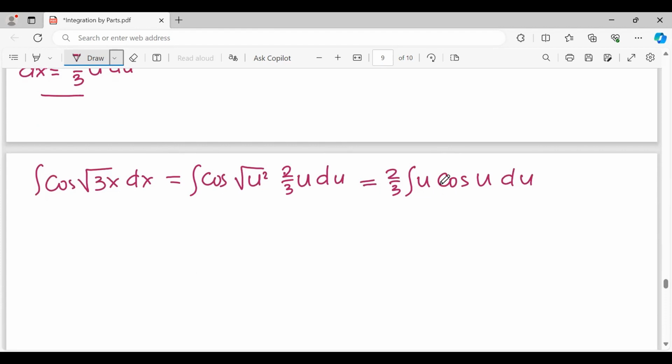We're going to find this by integration by parts.